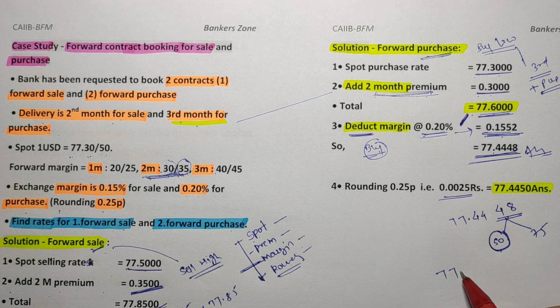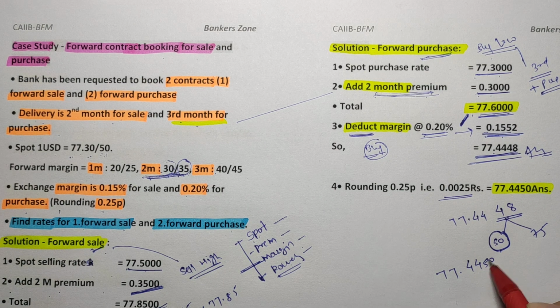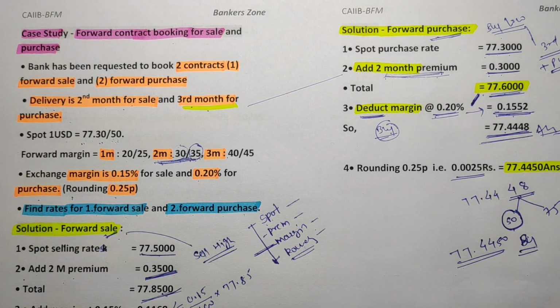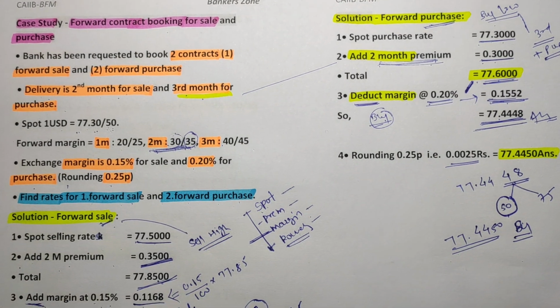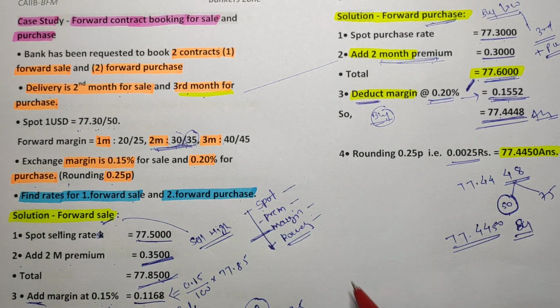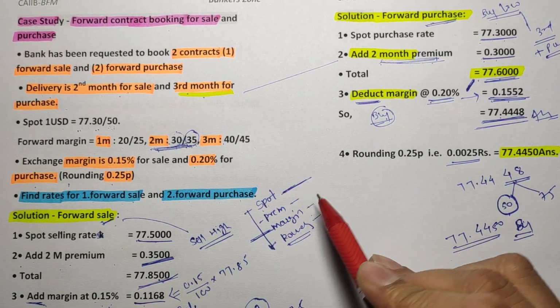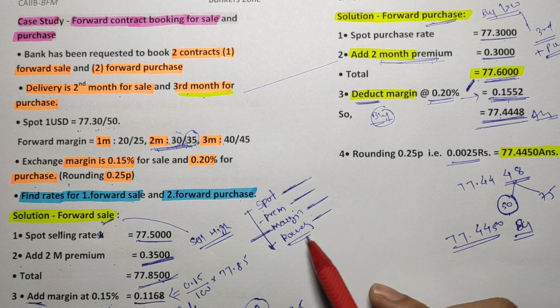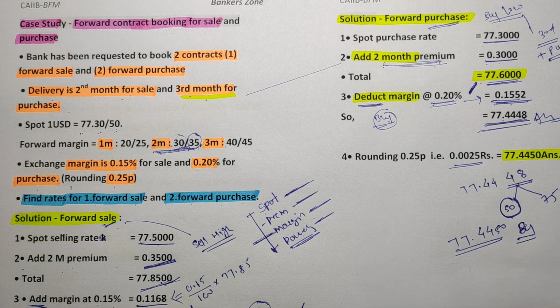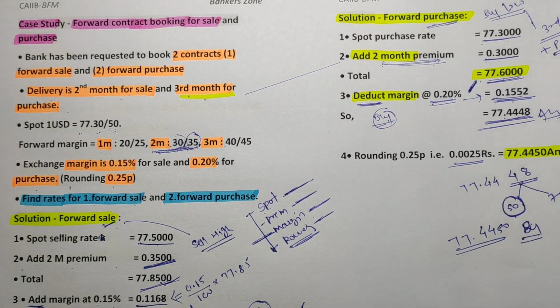So our final answer will be 77.4450 for the purchase or the buy. Okay, so in this fashion you can solve the numerical. This is the easiest way, and you just have to remember the sequence to be followed. First you identify the spot, then premium or discount, then margin adjustment, and the last step is rounding off. Okay, next we will move to the next case study.